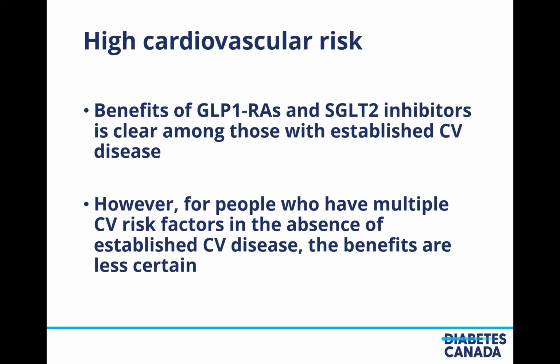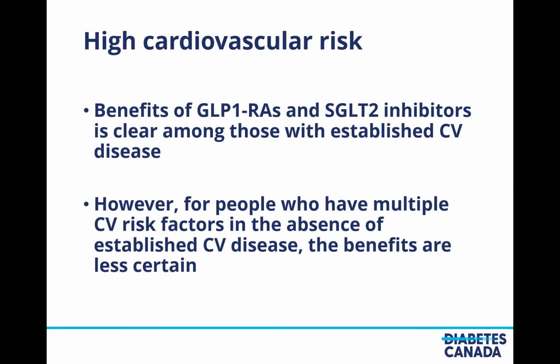And it has to be more of a shared decision-making decision between the practitioner and the patient as to whether or not those benefits might be accrued for using these specific agents or whether other agents might be more appropriate for that particular patient.